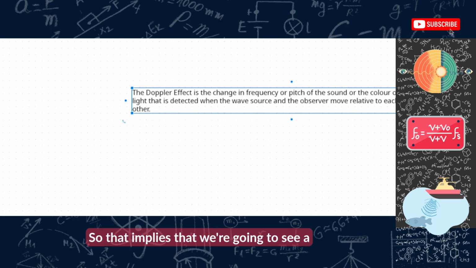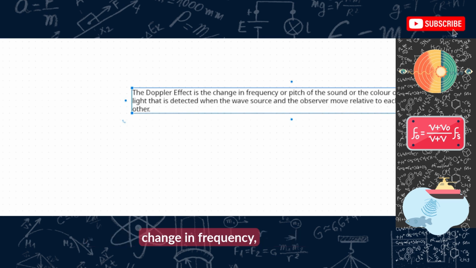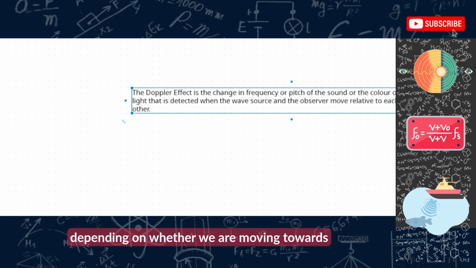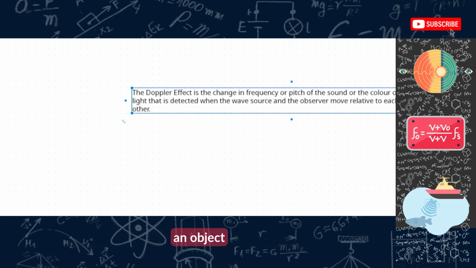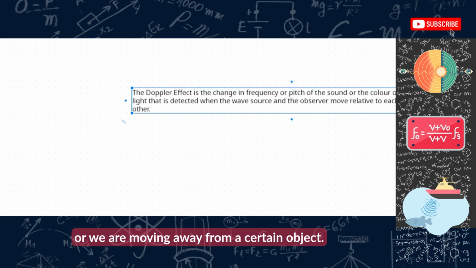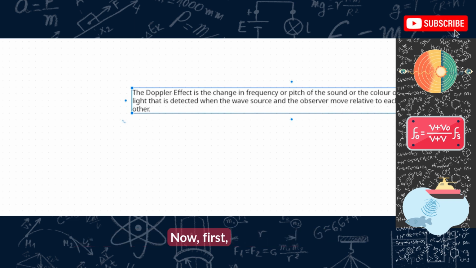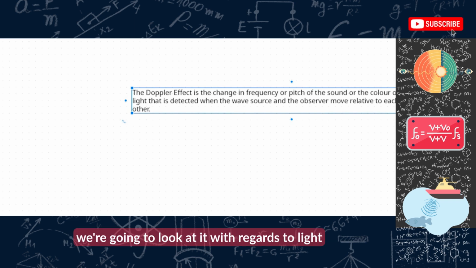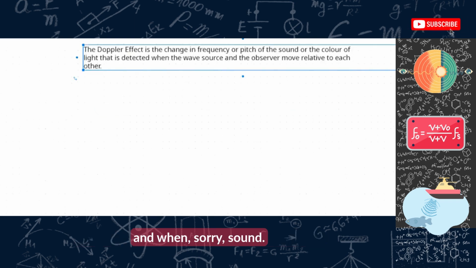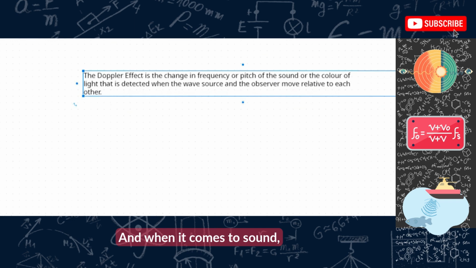So that implies that we're going to see a change in frequency depending on whether we are moving towards an object or we are moving away from a certain object. Now, first we're going to look at it with regards to light and sound. And when it comes to sound, the questions are going to be application-based, they're going to be calculation-based.